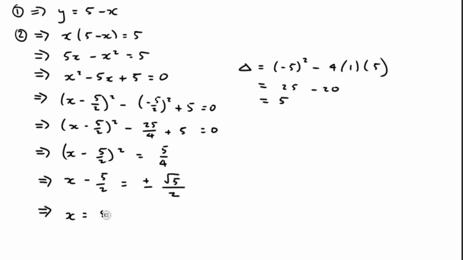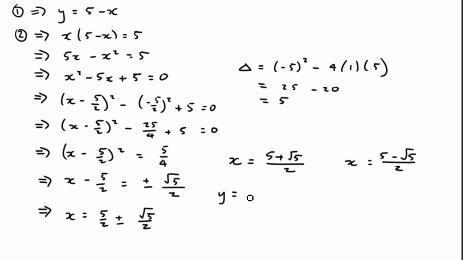So x is 5 over 2 plus or minus the square root of 5 over 2. We could write our two answers as either x is 5 plus the square root of 5 over 2, or x is 5 subtract the square root of 5 over 2. We're going to need the y values that go with that.